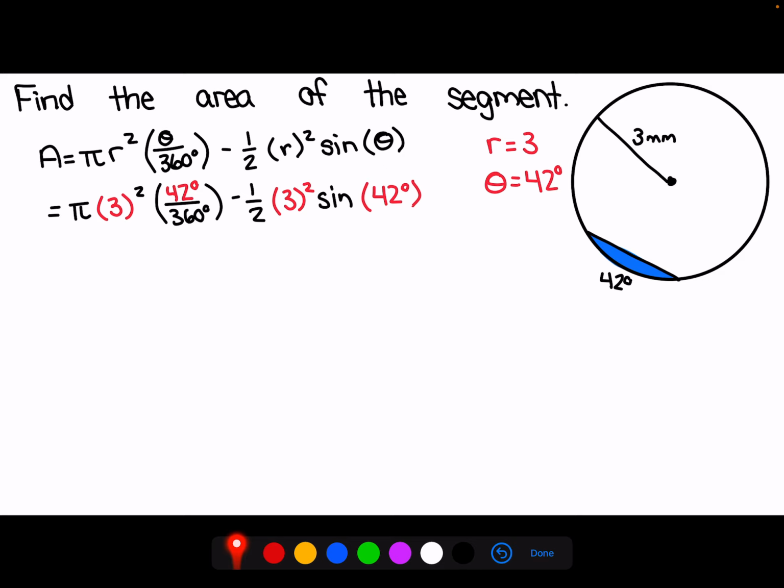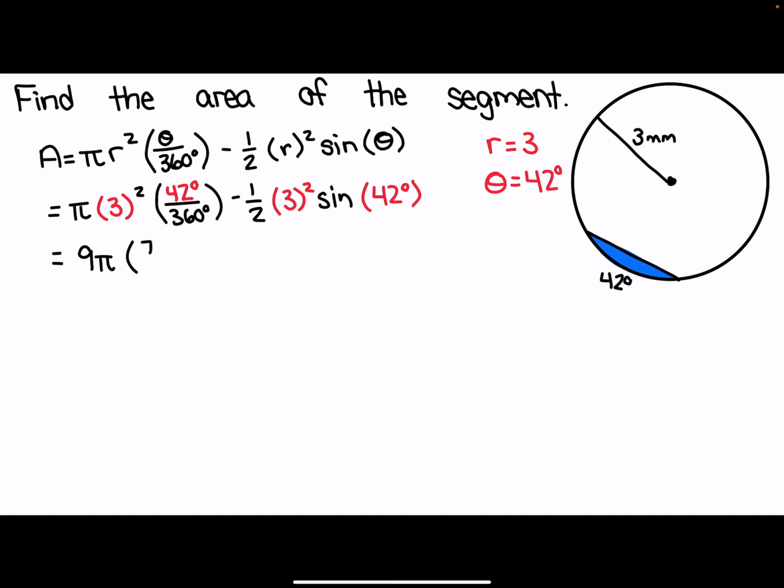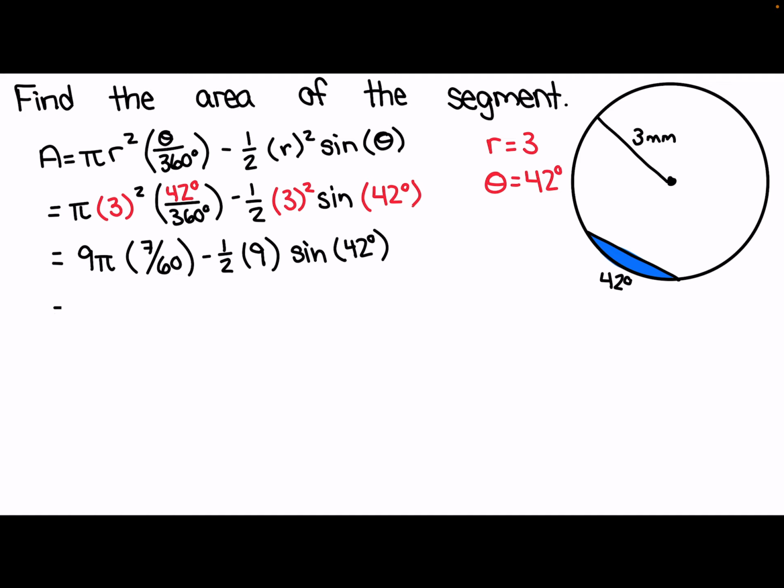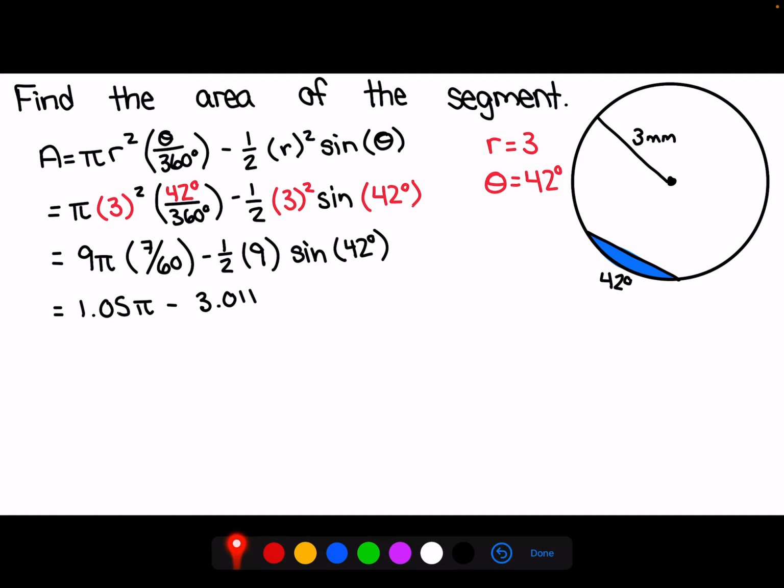From here, I'm just going to continue to simplify. 3 squared is 9. So I have 9 pi times 7 over 60 minus 1/2 9 sine of 42. Again, 6 goes into both 42 and 360. It'll go into 42 7 times. 6 will go into 360 60 times. 9 pi times 7 over 60 will give me 1.05 pi.